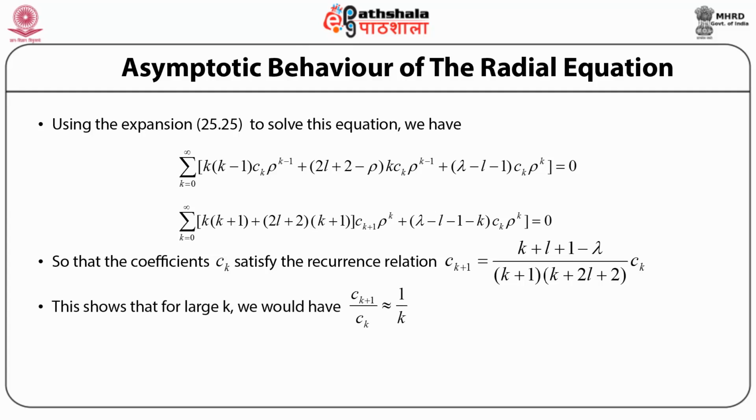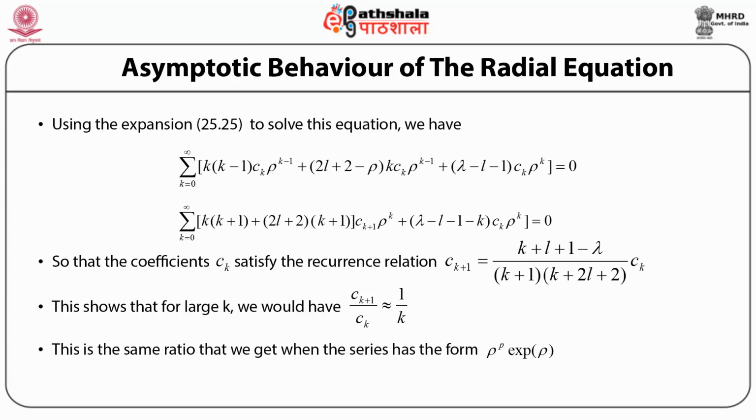This shows that for large k, we would have c_(k+1) divided by c_k approximately equal to 1 by k. This is the same ratio that we get when the series has the form rho to the power p exponential rho, where p has a finite value.